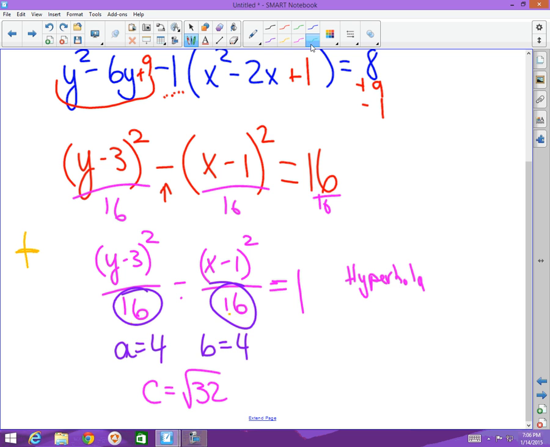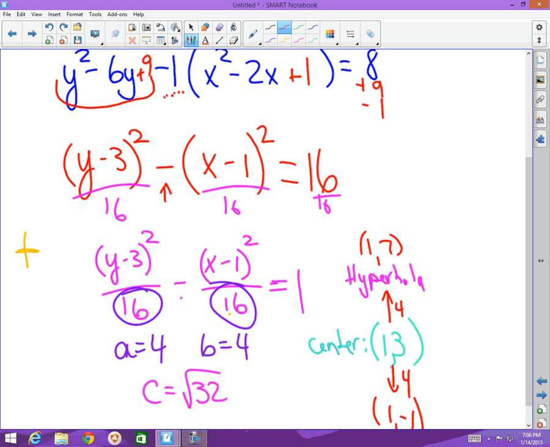And then you know that the center of your hyperbola is at (1, 3). And since y is first, it's the positive part, we are going to go up 4 and down 4 from that. So (1, -1) and (1, 7) are your vertices.